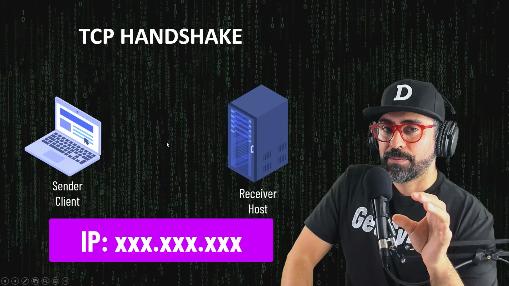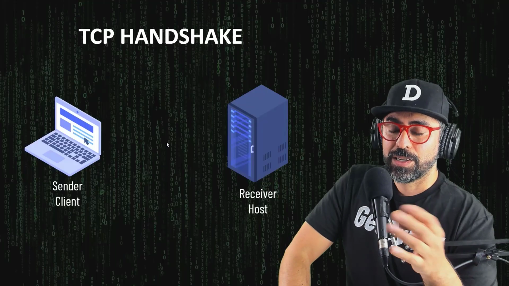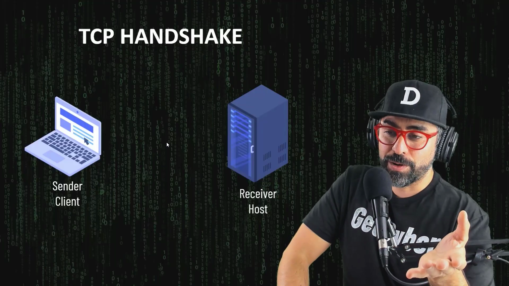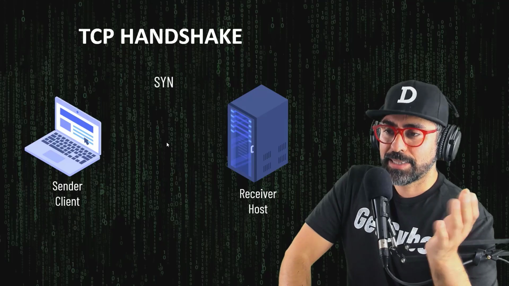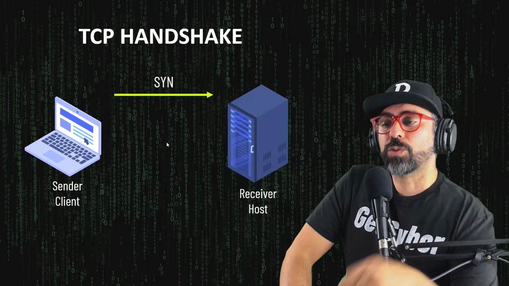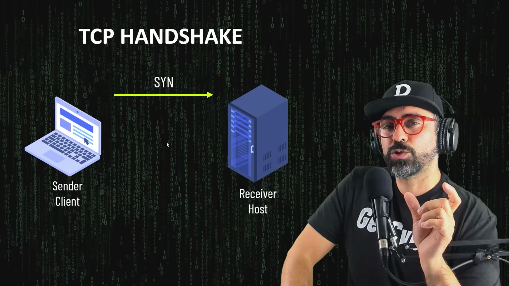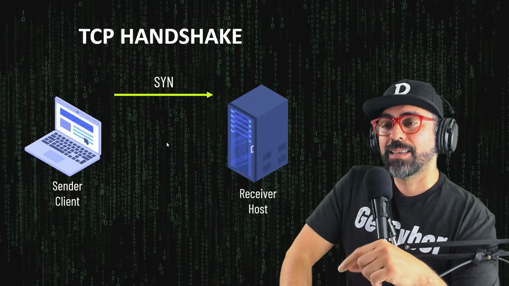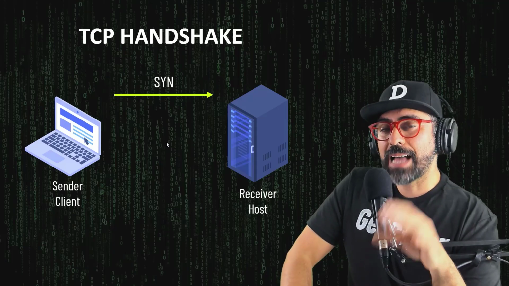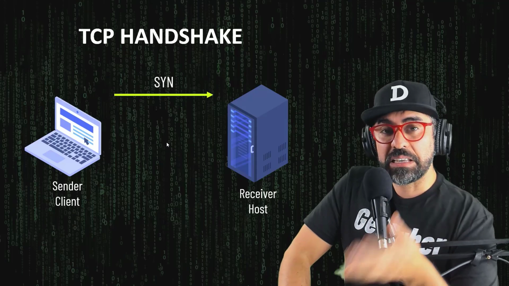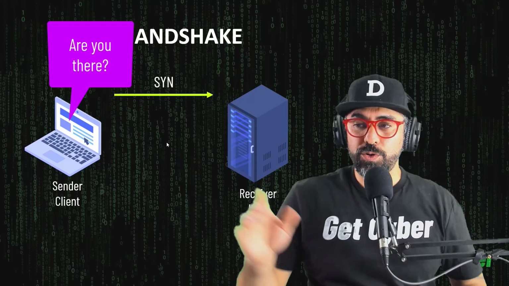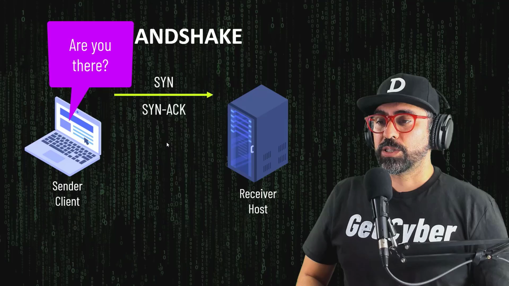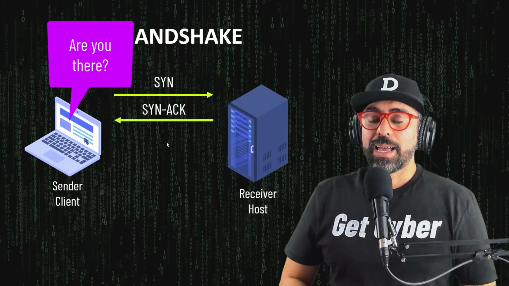So the sender, in this case the client, or your computer, will send a SYN packet to a receiver, right? So 32 bits, it sends a ping, and basically it's asking the receiver if he's there. So it's like, hey, are you there? And then the receiver or the host sends back a SYN-ACK.